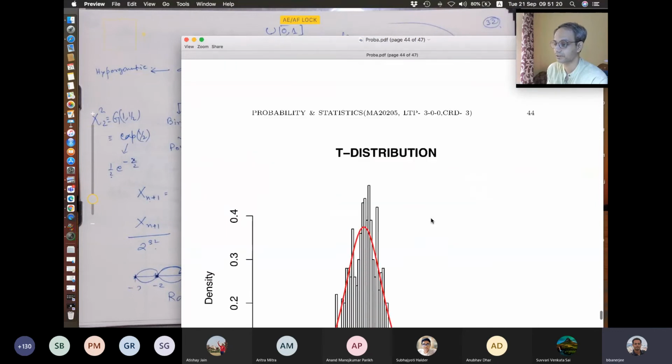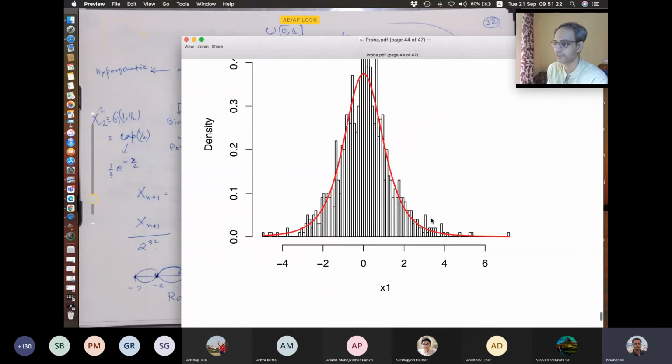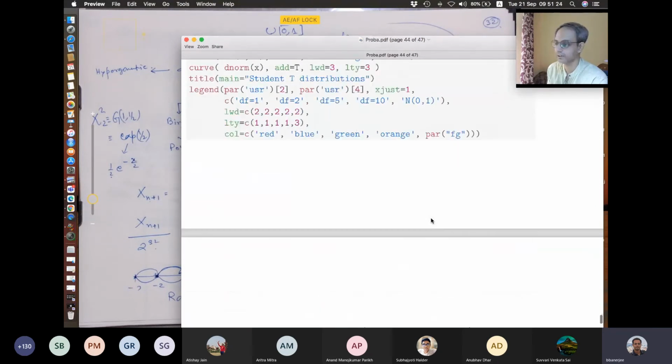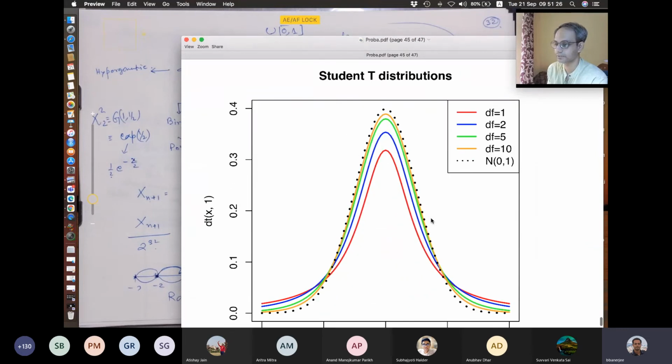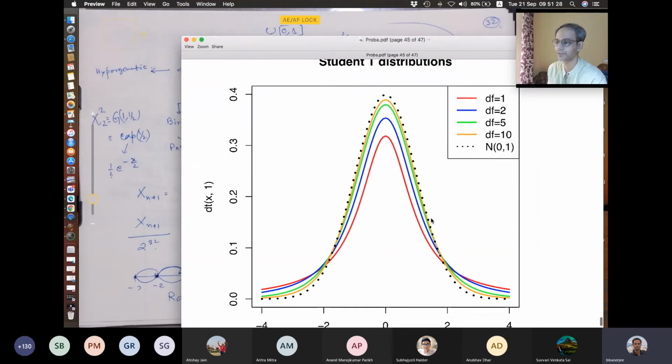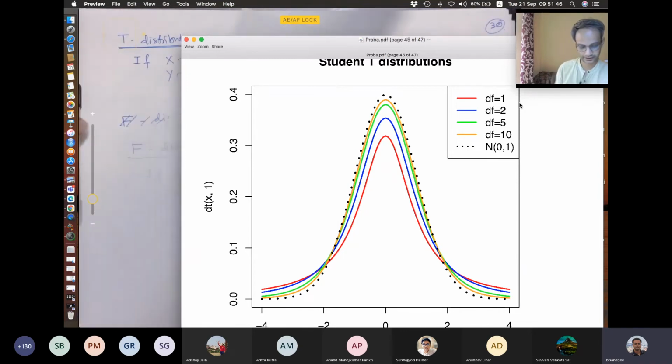Okay, the T distribution that we have defined. Here I have plotted the T distribution with different degrees of freedom, and eventually T1, the T distribution with 1 degree of freedom, by definition will become Cauchy. Okay, so here we have written this thing.